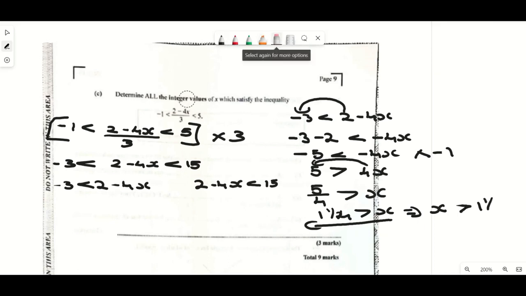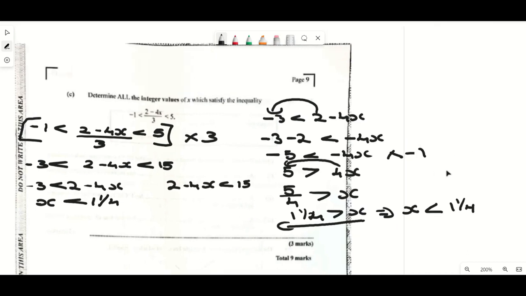I'm putting more than. It is less than 1 1/4. Right? And then we're going to do the second part. That was this part we did. So this is reduced to x is less than 1 1/4.